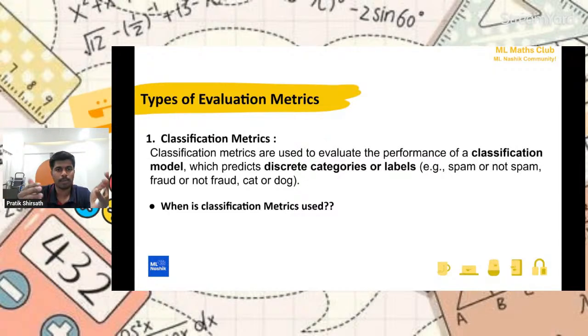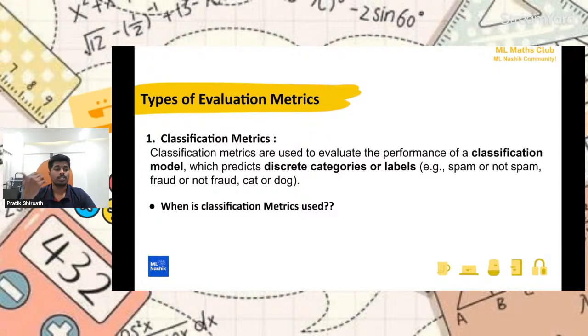This car data set example comes under classification matrix, in which we classify each car into its specific type. Another example: if I make an email detection model, it detects emails into two categories: spam emails and not spam emails.